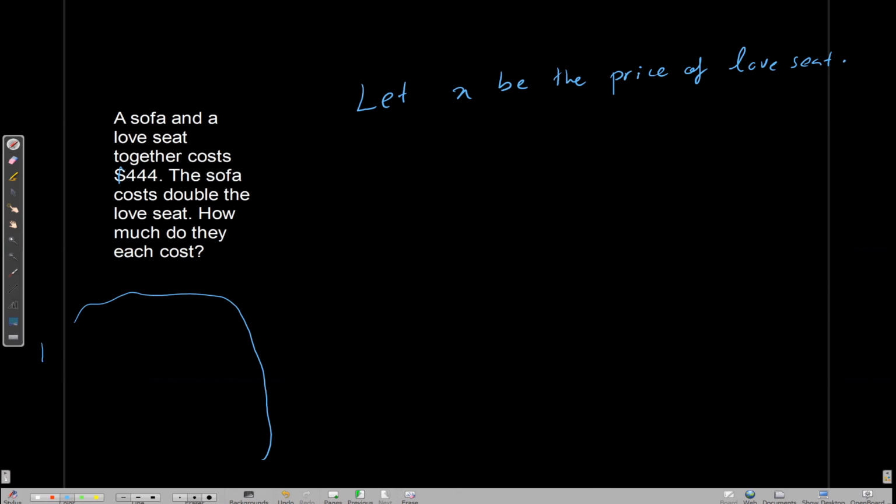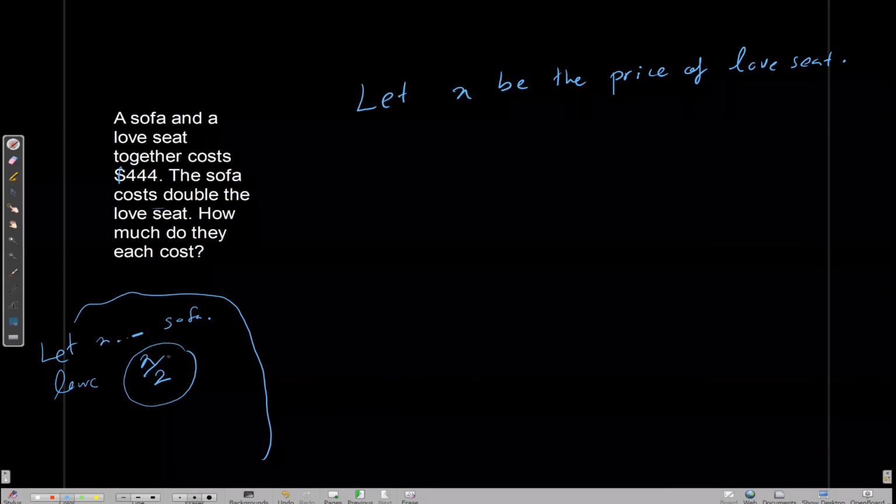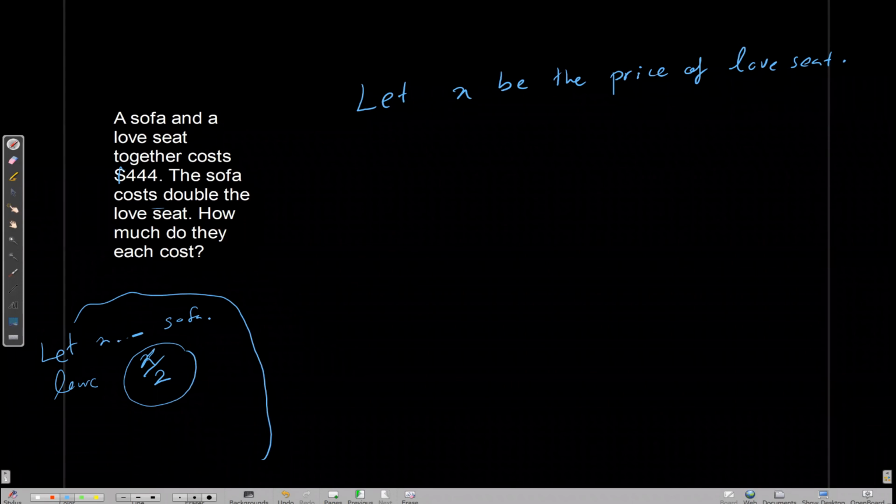It's okay if you can do this. Let x be the price of sofa. If you do that, love seat is going to be what? If x is sofa, sofa is double the love seat, so love seat is half of this. I will have x over 2. I don't like to have fractions. Because of that, I took x to be the price of love seat.